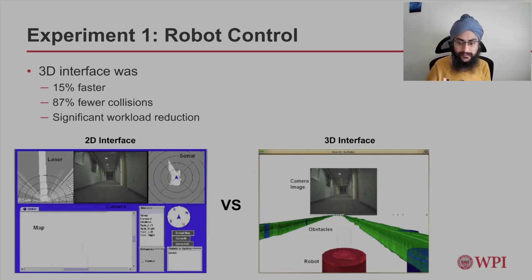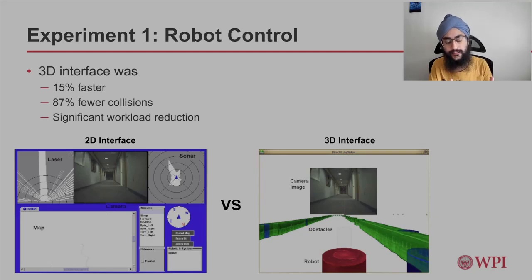And since they're able to look around the robot, they can make sure that they're avoiding collisions. Whereas in the 2D interface, they have to move their attention around the screen. They're not able to put all the information together as well, and also with collisions, they could get focused on one screen.